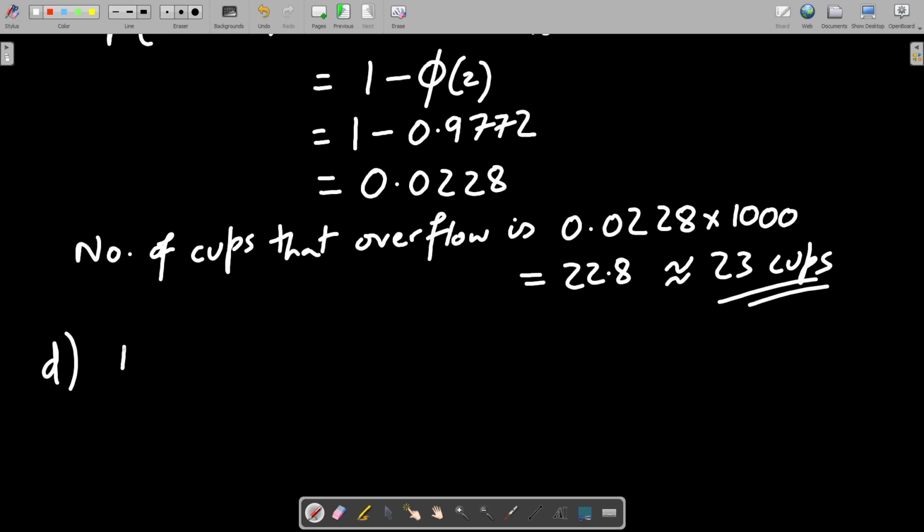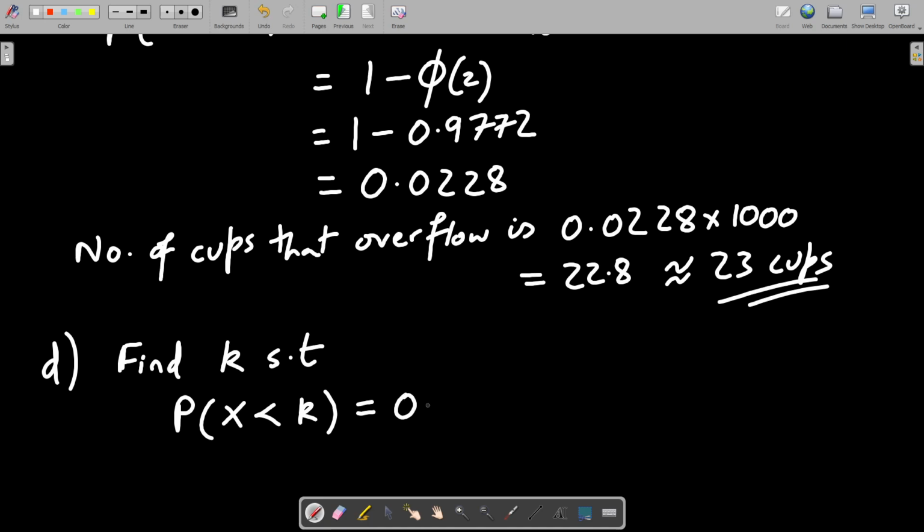So basically the question is, find k such that the probability of X less than k is equal to 0.25, 25 divided by 100 you can write. So we want to find this k such that this happens.